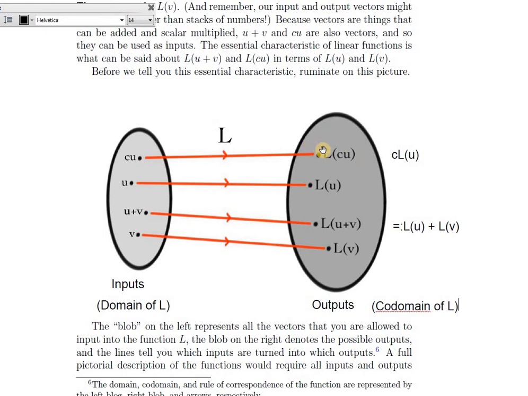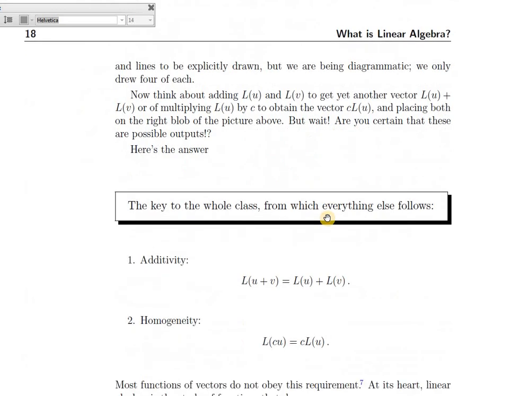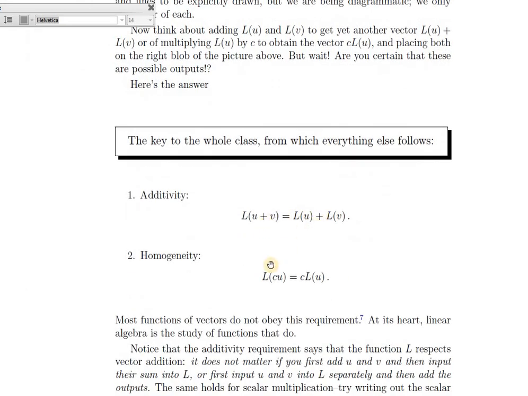Also, we know that vectors are objects that can be added. So here we have U plus V. A linear function is a function that acts in this special way on sums of vectors. L of U plus V is L of U plus L of V. In other words, I can add first and then take the function, or I can take the function first and then add. These two properties are called additivity and homogeneity.